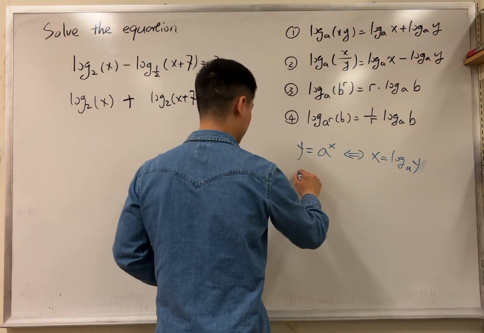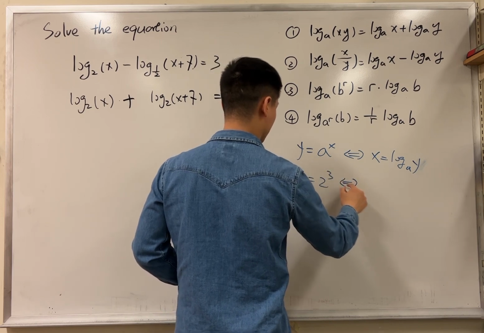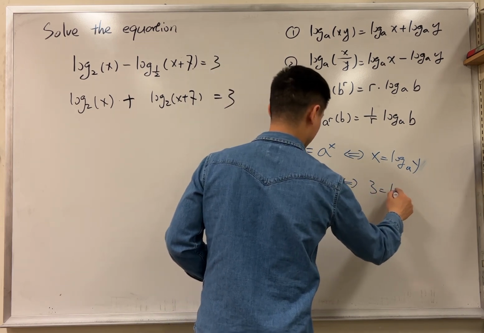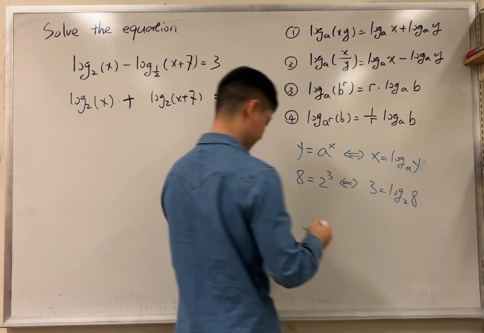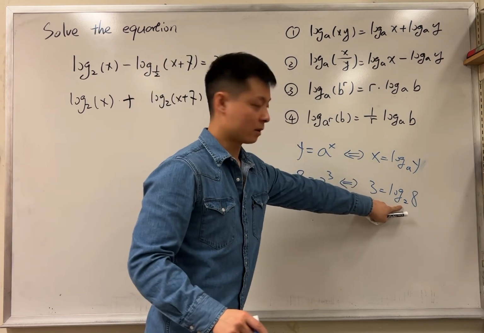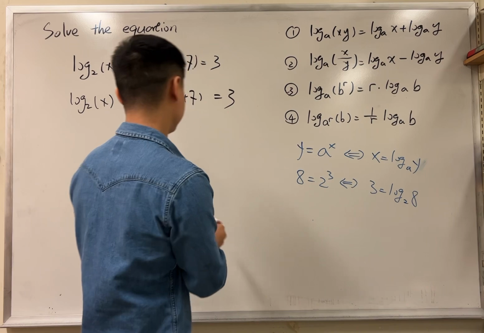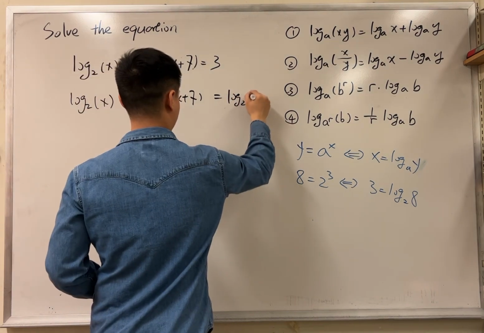And then we realized that 8 is 2 raised to the power 3, which is the same as 3 equals log base 2 of 8. Okay, so now we can use this to replace that. Log base 2 of 8.